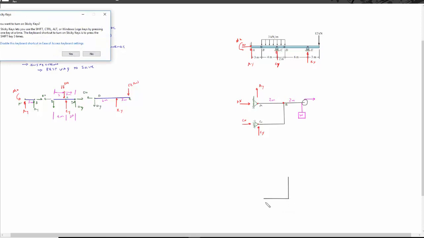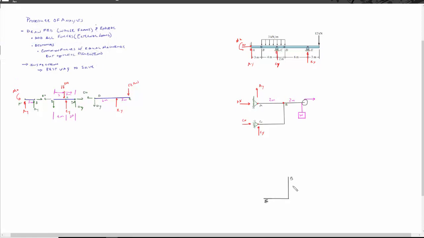That would be one member, and that's going to be CB. Then I can draw this whole member, which would be up here, like so. And we would know that this point is also point B. So we'll go ahead and label that in there.